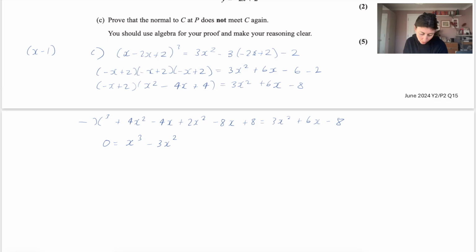And then I've got minus 12x plus 6x. And then I've got minus 8. And so this is the equation for where the two things intersect, and we already know one solution.